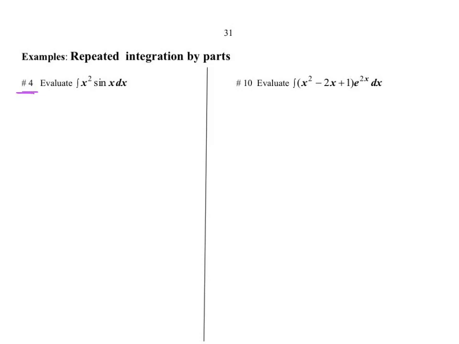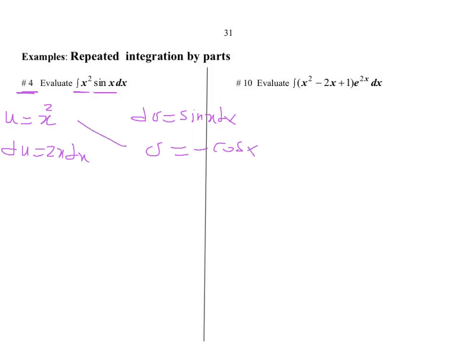Now if we look at number 4, this is now x square sine. We have done previously x sine or x cosine, which is integration by parts, where u is x, here u is x square, and dv is sine x dx. Now du is equal to 2x dx, v is equal to minus cosine x, and this is the rule, which is uv.